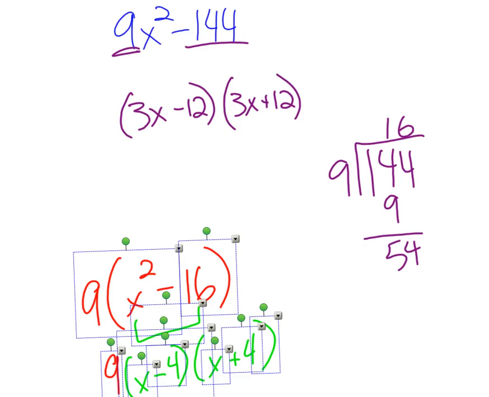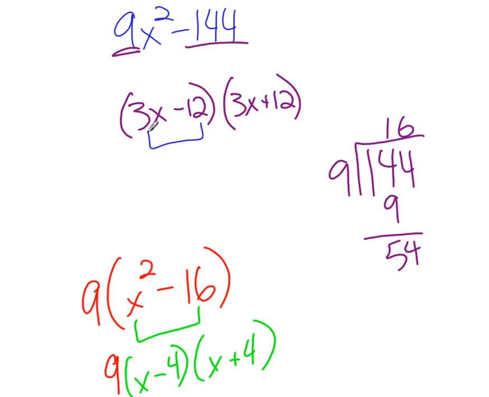Because if we look, could we factor something out of 3x minus 12? What do both of these have in common? 3, yeah. So we'd have 3 times x minus 4, right? What could we factor out of this? Same thing.